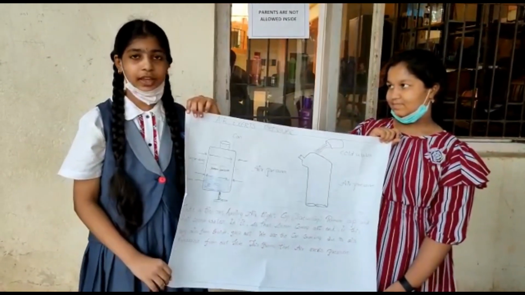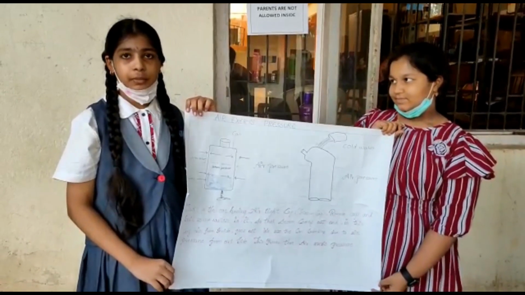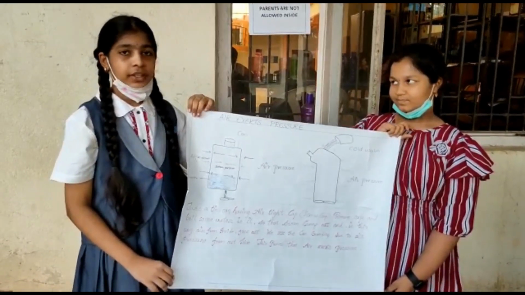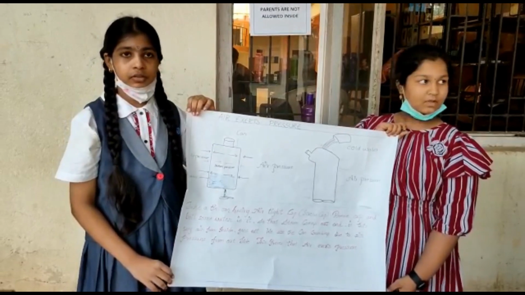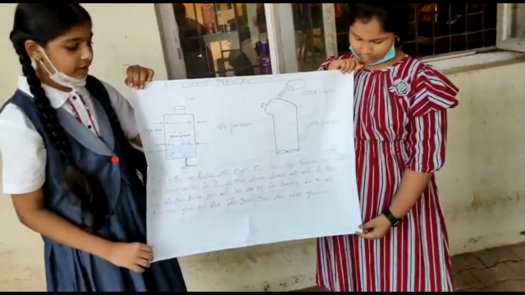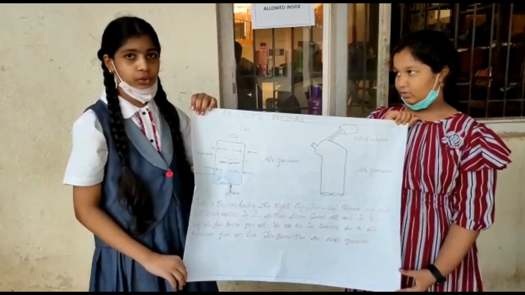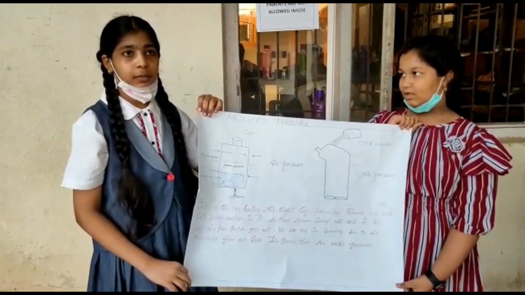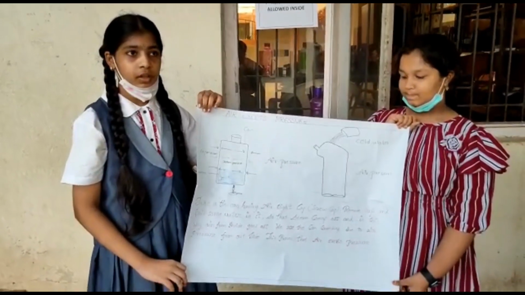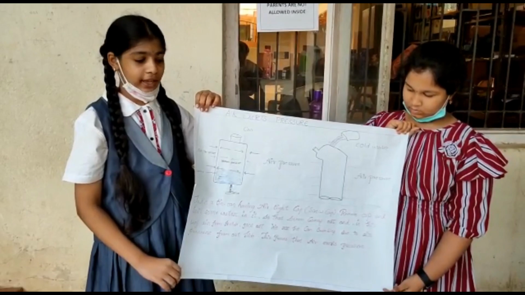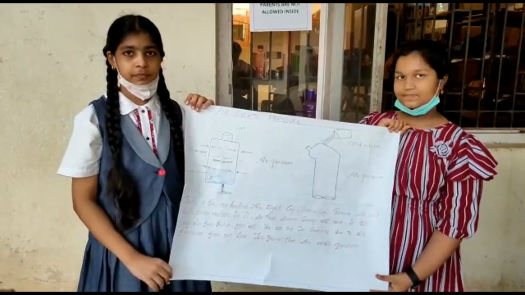In this way, air from inside goes out. We see the can crumble due to air pressure from outside. This proves that air exerts pressure.